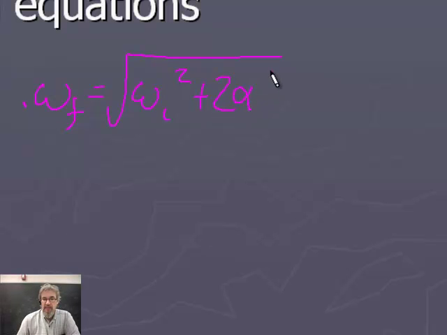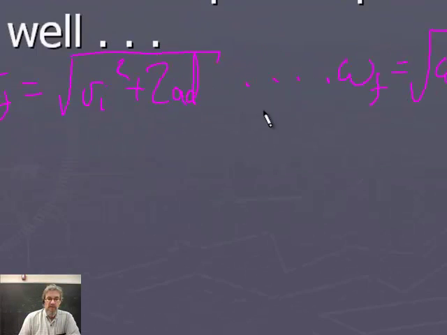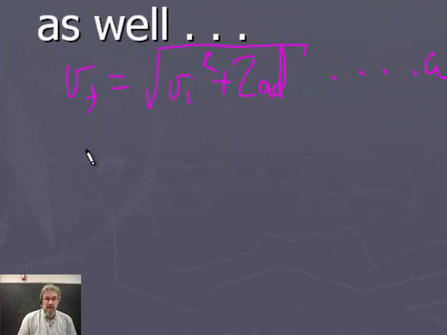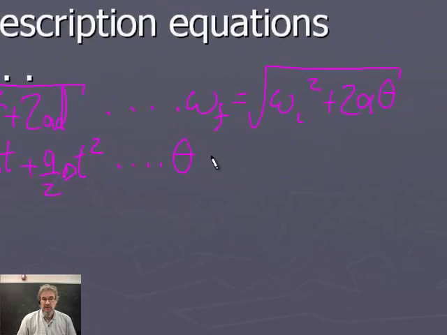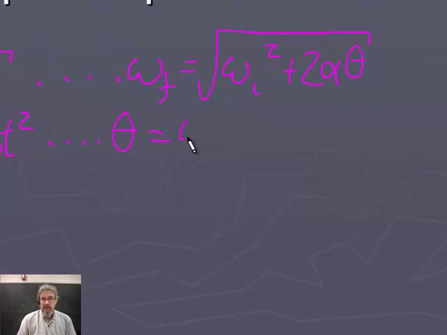We also have a distance formula. Distance, remember, is equal to initial velocity times change in time plus acceleration over 2 times change in time squared. Plugging in our analogous values, distance is theta. That's equal to, not Vi but omega i times delta t, plus, not a over 2 but alpha over 2, times delta t squared.